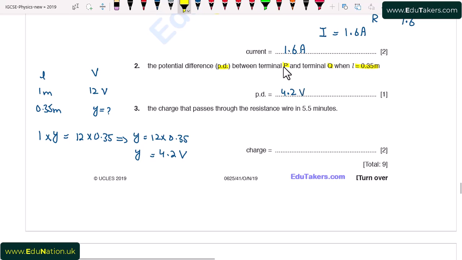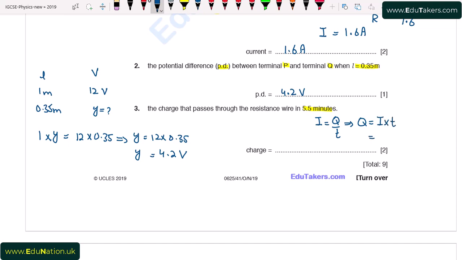Part 3. The charge that passes through the resistance wire in 5.5 minutes. So here the value of time is given 5.5 minutes and we have to find out the value of charge that passes through the resistance. We know that current is the rate of flow of charge, where Q is charge, I is current. Here we have to find out the value of charge. It will be the product of current and time.